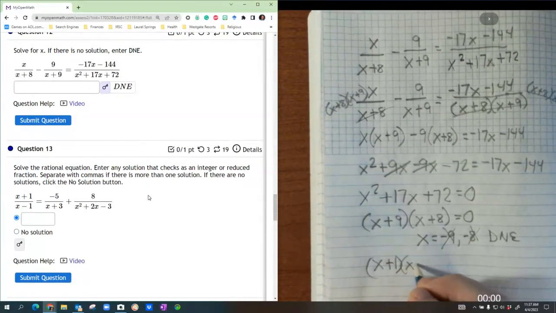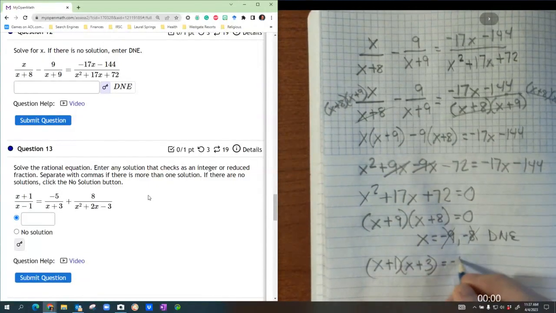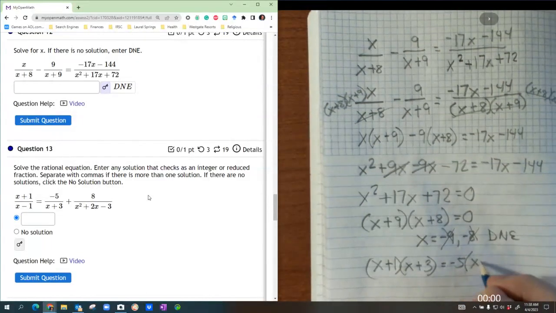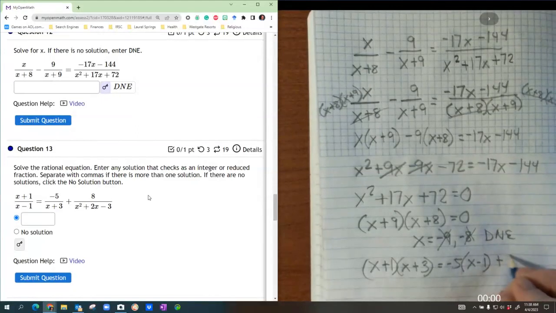I'm going to write it right away. Watch this. I'm just going to write down this, and then it's going to be negative 5 times x minus 1, and then it's just going to be plus 8.